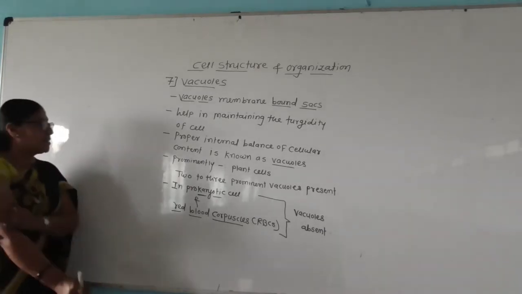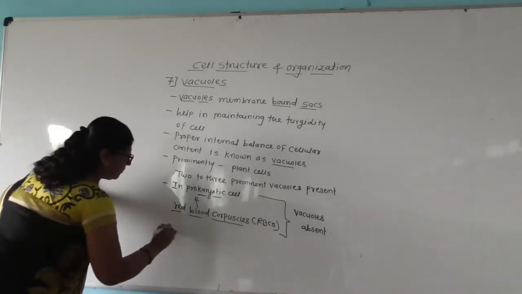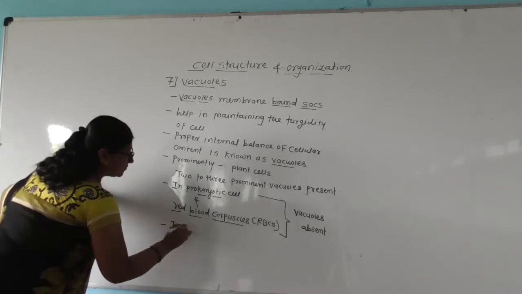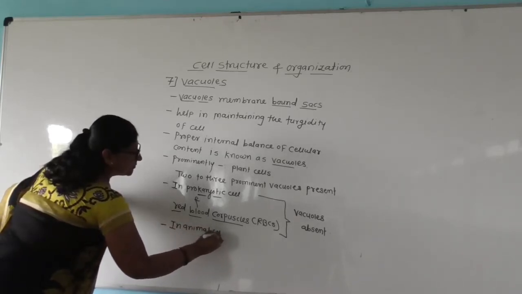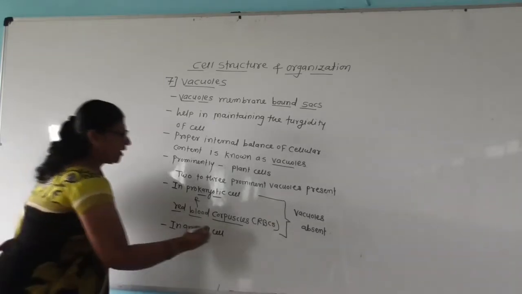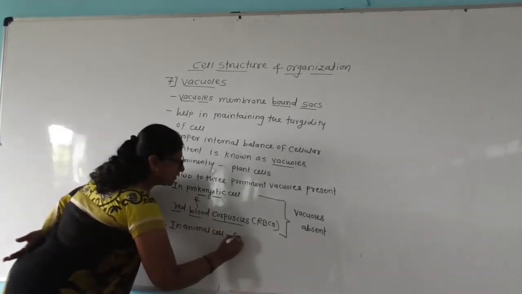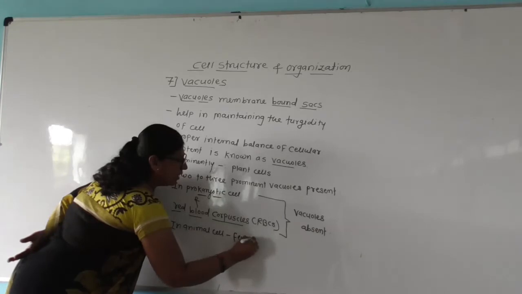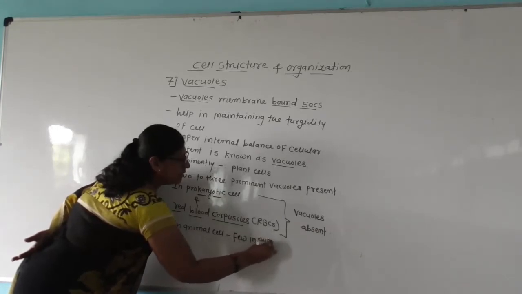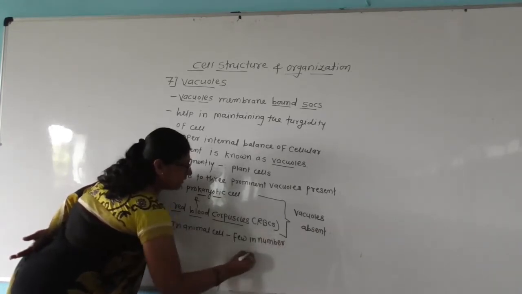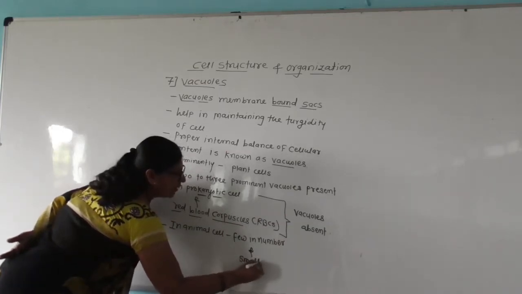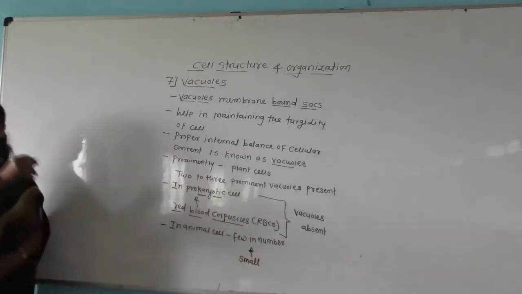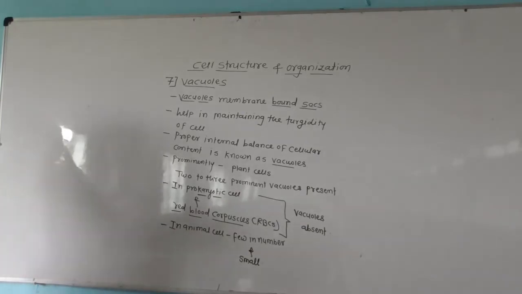In animal cells, they are few in number and small.